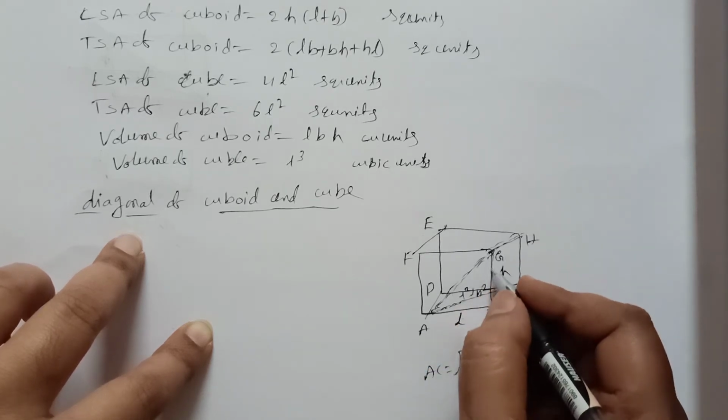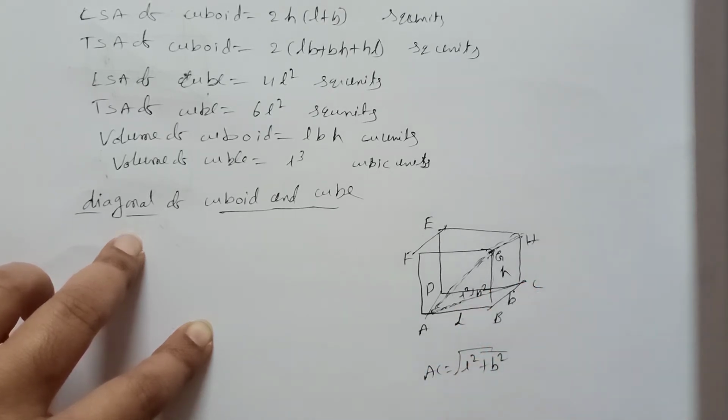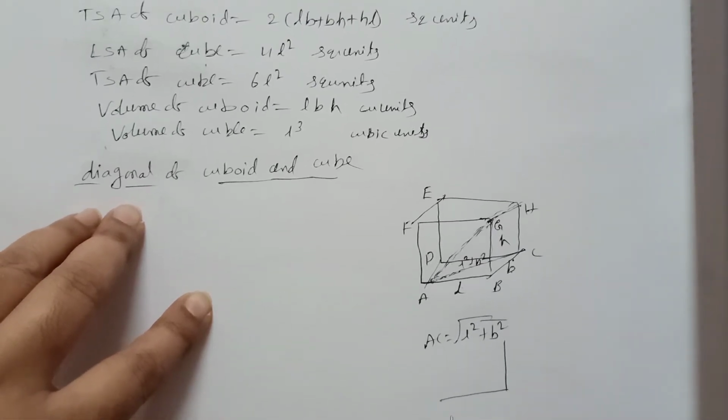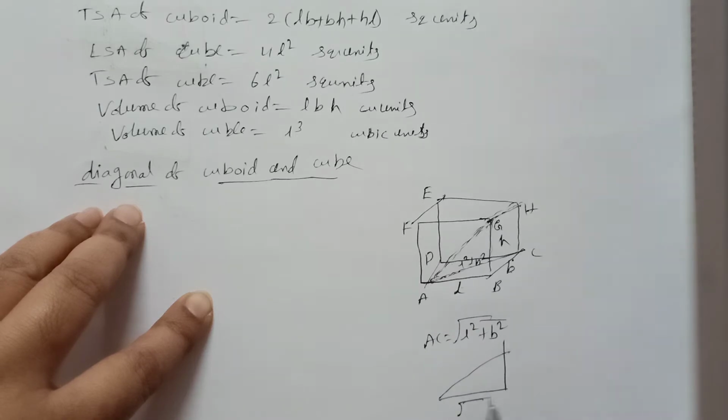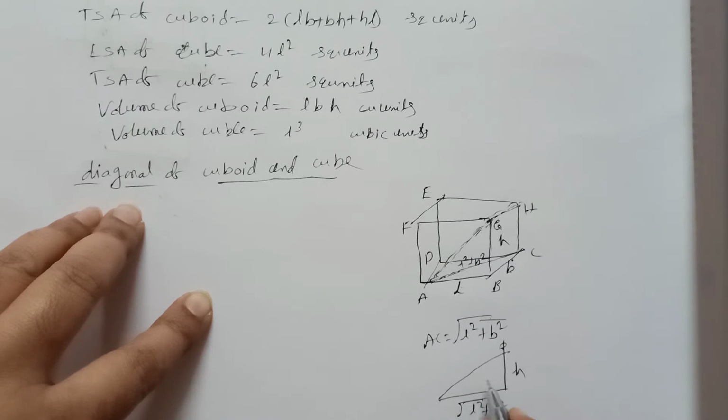For this triangle, the base is square root of L square plus B square. This is the H. Now if you apply the Pythagoras theorem, then what will you get here?